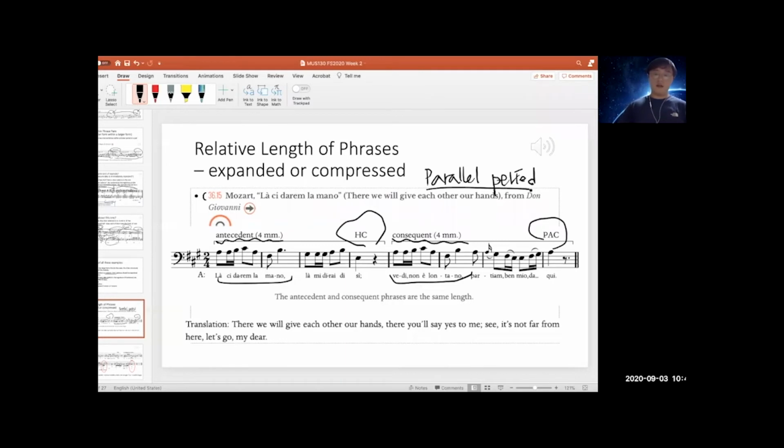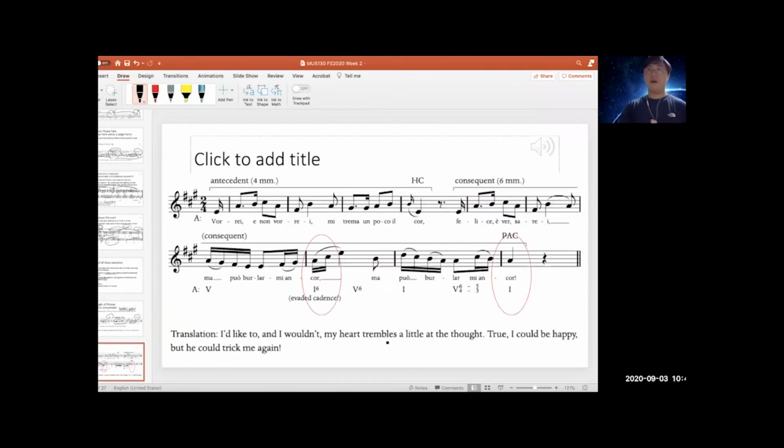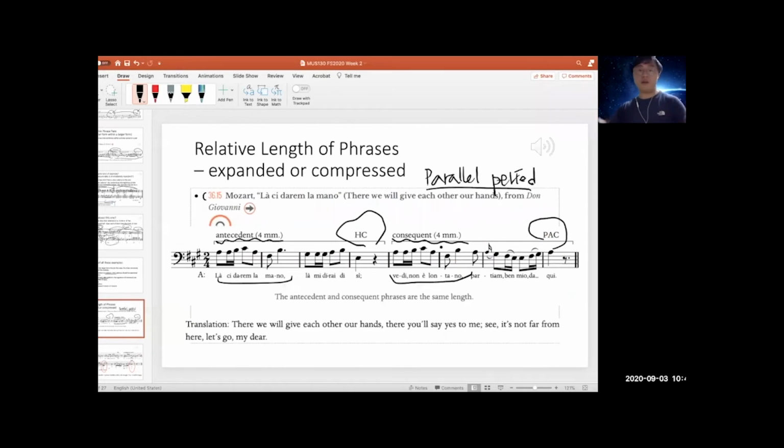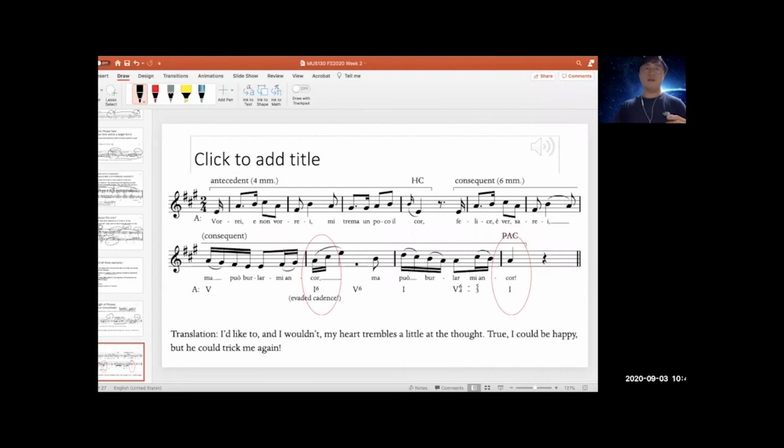Good, nice. Then the thing is, when this melody comes back later in the same aria, it is expanded. Whereas this particular example, the 8-bar standard period, is sung by the male hero, Don Giovanni, this later version is sung by the female partner.